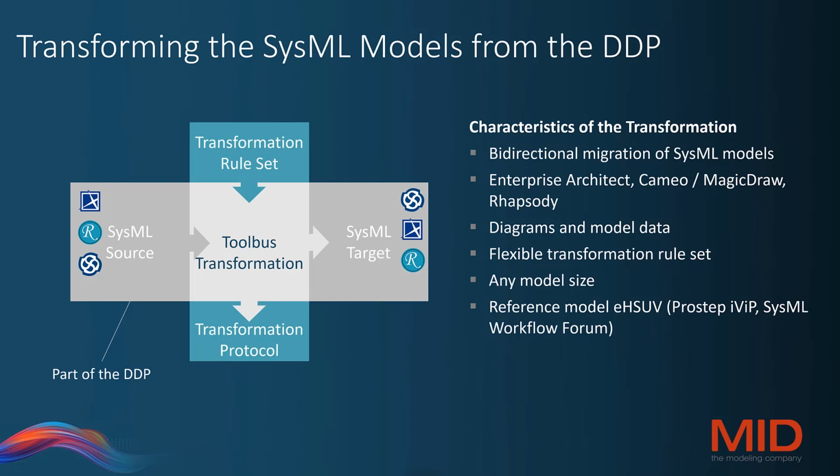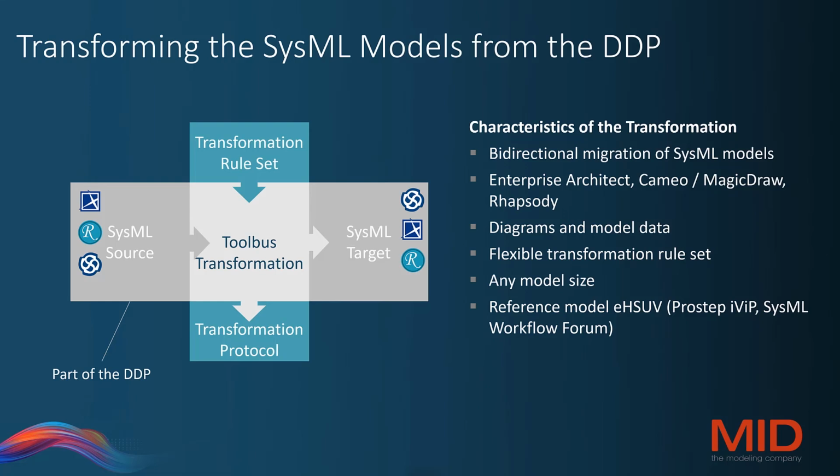The characteristic of that transformation is all this is bidirectional, so we aim to provide a bidirectional migration between Enterprise Architect, Cameo, Magic Draw, and Rhapsody. Diagrams and model data are transformed.